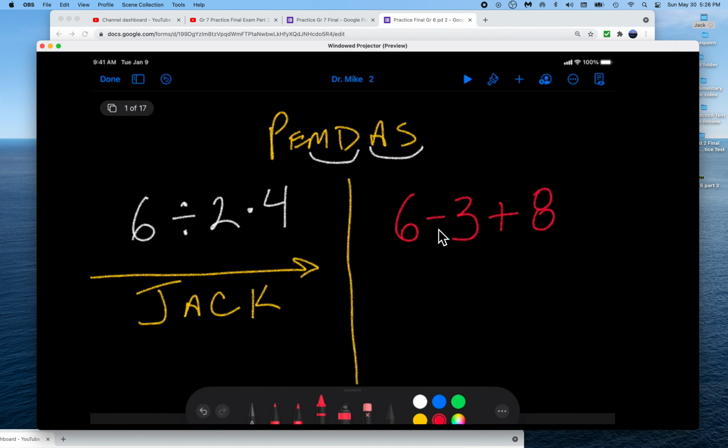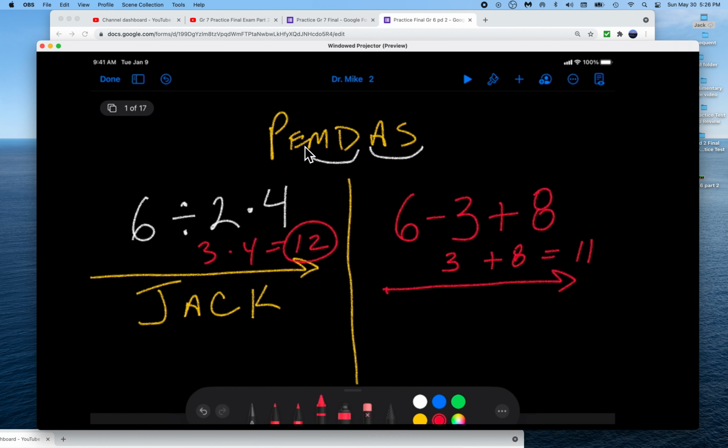So when you have subtraction and addition in the same expression, you go left to right. So here you would do subtraction first. You would do 6 minus 3 is 3, plus 8 equals 11. Over here on the left side, I forgot to go ahead and complete this. You would have 6 divided by 2 is 3, times 4 equals 12. That's how you do these.